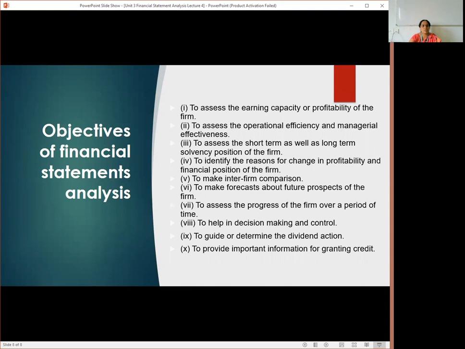So these are the different objectives of financial statement analysis to an investor or to the company.